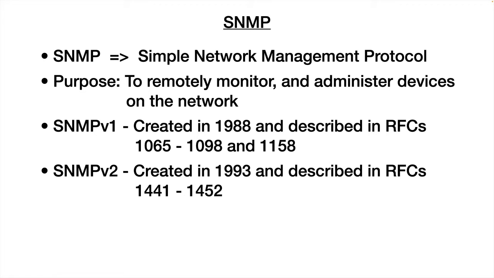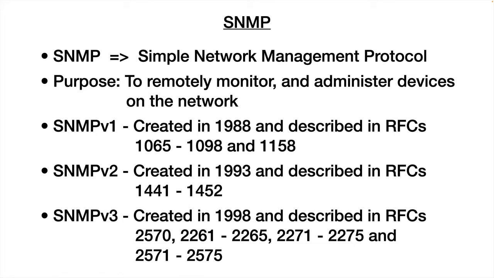Five years later, in 1993, version 2 came out, and it is described in the 12 RFCs listed there, 1441 to 1452. And then the current version is version 3, which came out in 1998.